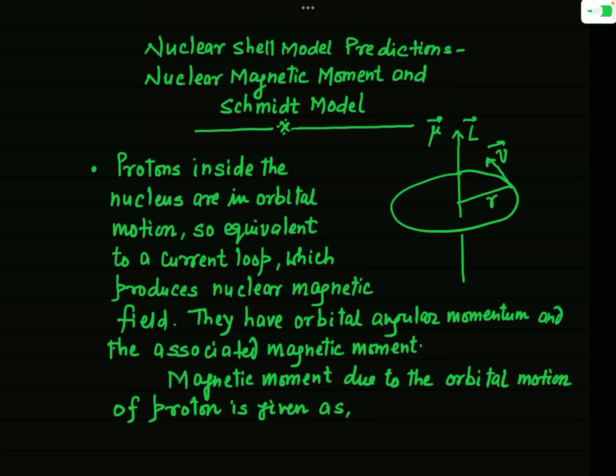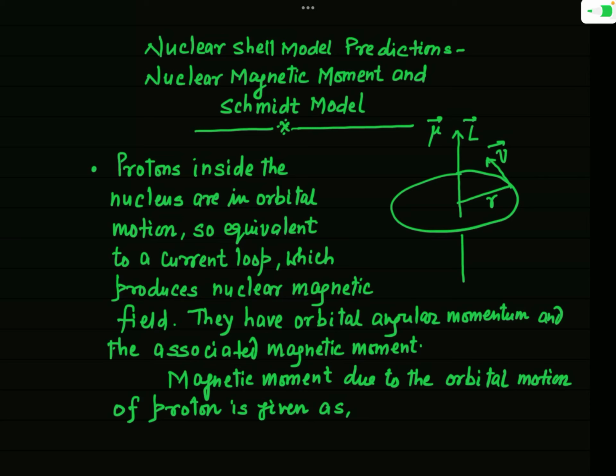For simplicity, we will assume here for calculation that our nucleon is moving in a circular orbit. But the result obtained for the magnetic moment, considering the orbit as a circle, is not valid only for circular motion of the nucleon, but it will be valid for any revolutionary motion of the nucleon inside the nucleus.